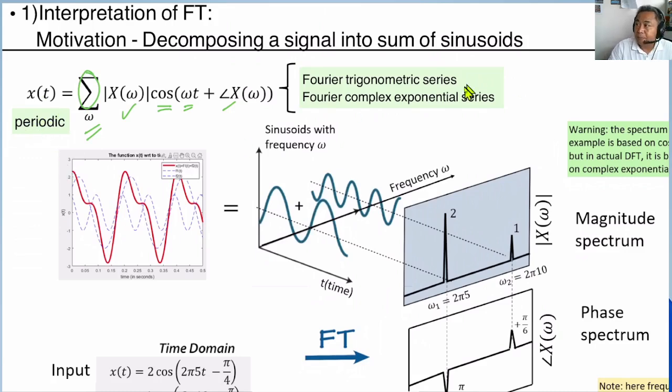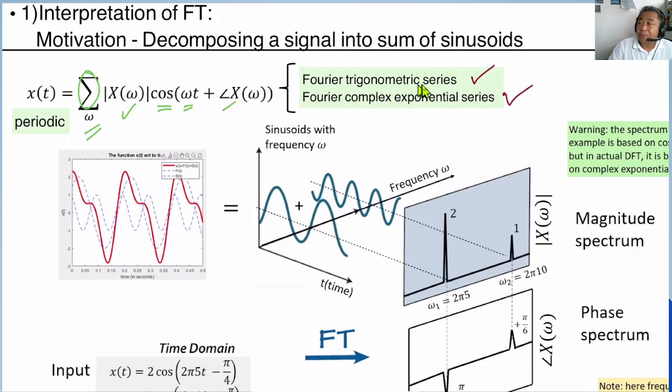Now, if you open up books on Fourier transform, you can read about Fourier trigonometry series, as well as complex exponential series. Actually, both of them are representing the same thing. They are in fact just representing some cosine at some frequency multiplied by the respective amplitude with the phase shift.